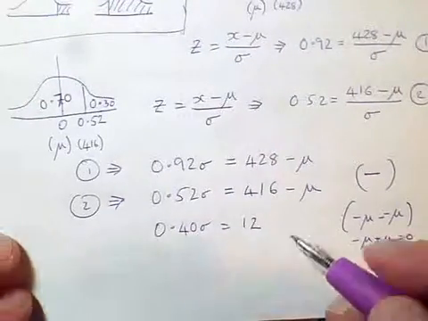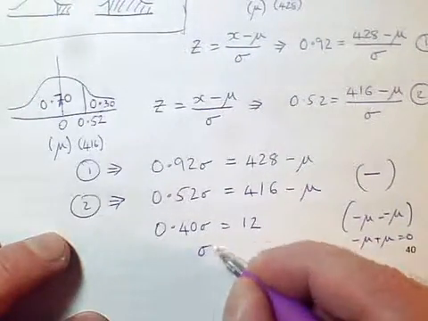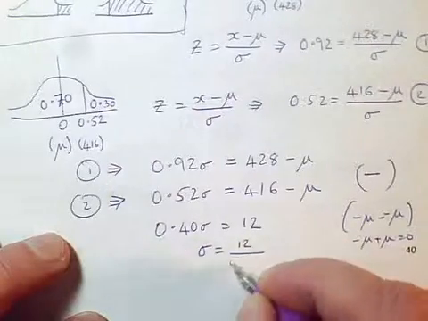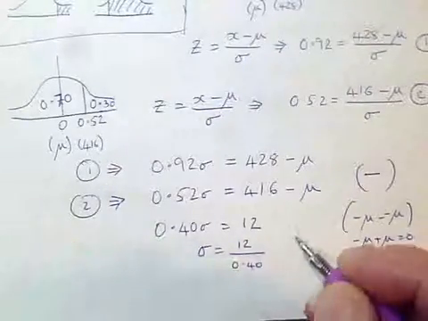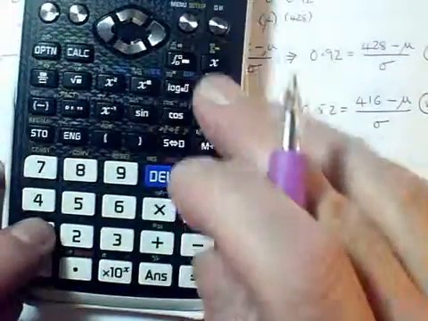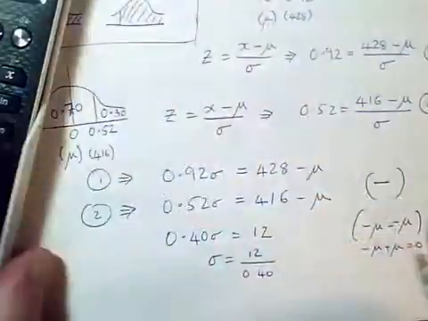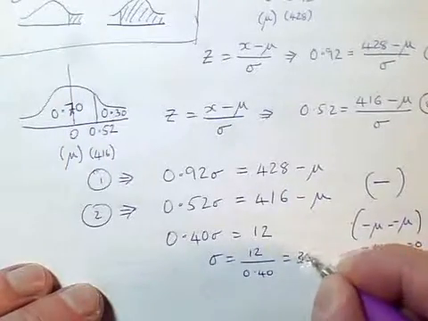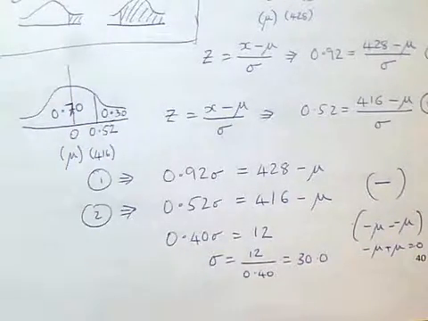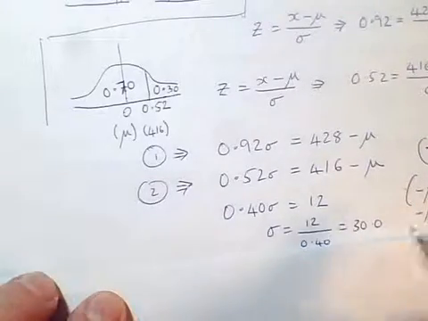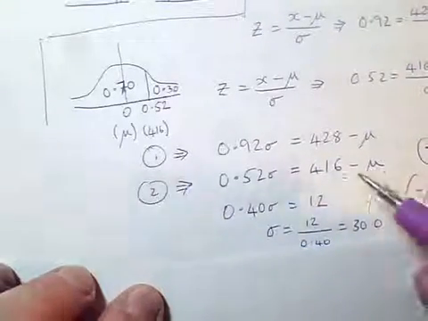So 0.40 sigma equals 12. So that means sigma is going to be 12 divided by 0.40. Okay. So 12 divided by 0.4 is going to be 30. Okay, 30.0. I've been working to 3 significant figures, and now I've got to use that 30.0 figure in one of my previous equations.